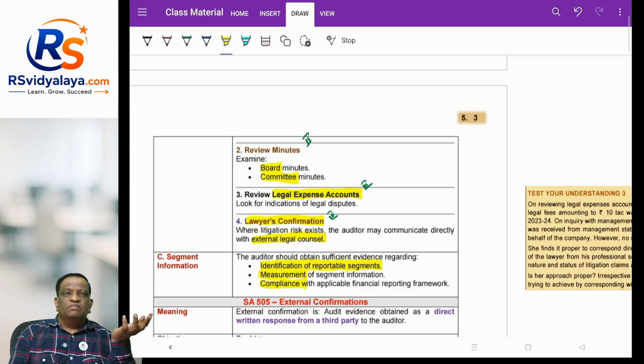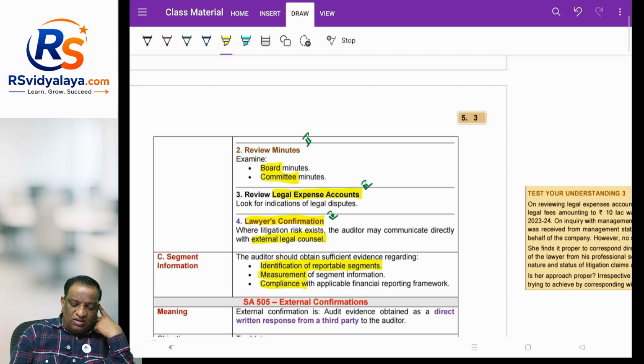Your job is simple. You need to gather the audit evidence. If that is not possible, you will try to perform alternate procedures. If that is not possible, evaluate the impact, and then modify the report. If the lawyer is not sharing or the management is not allowing, you have done your duty. These are the important points as far as litigation is concerned.